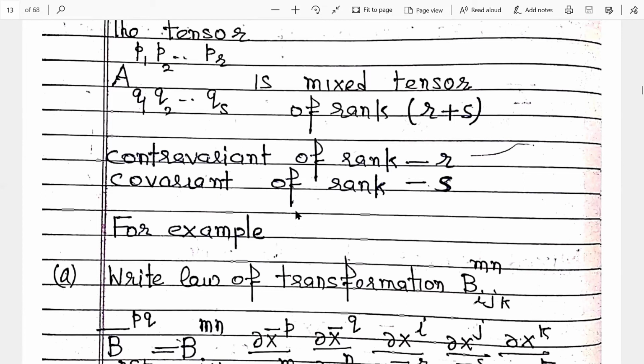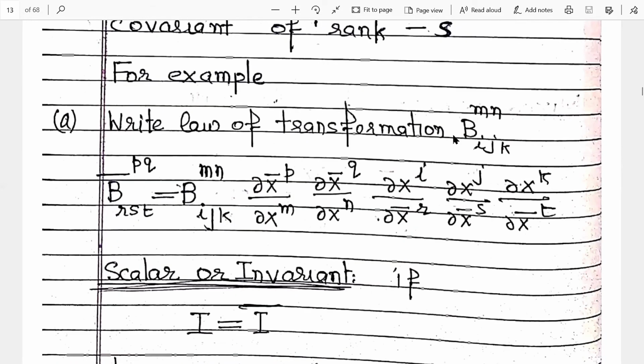For example, write the law of transformation of these variables. Now this is B^{mn}_{ijk}, contravariant m, n, covariant i, j, k. So first write this.